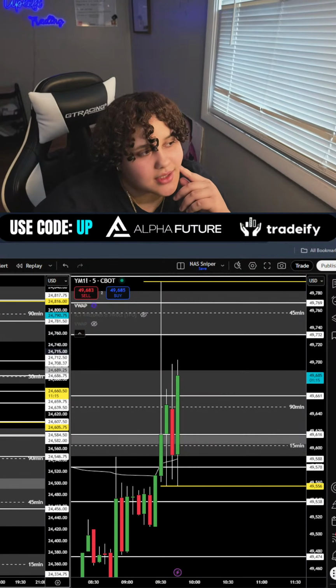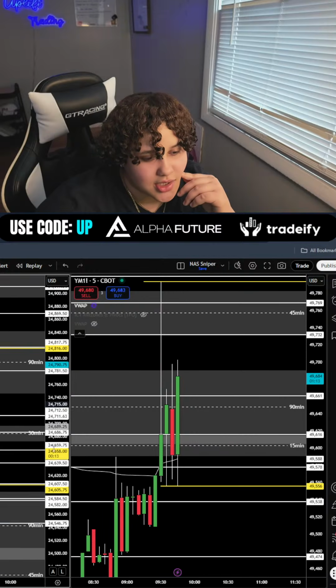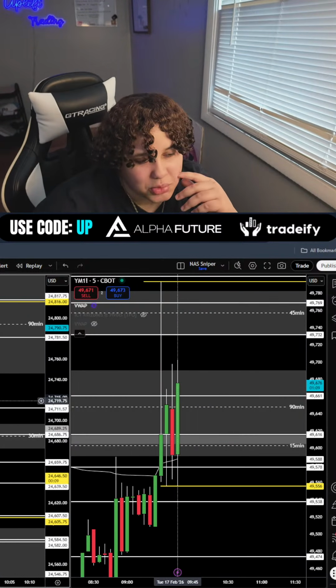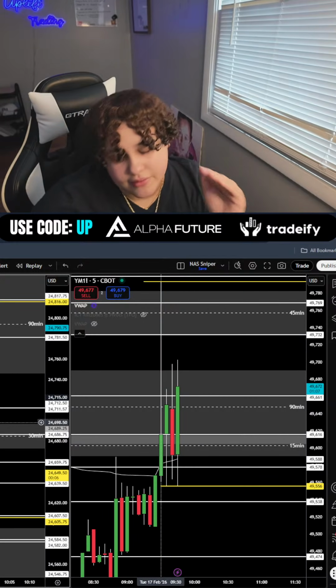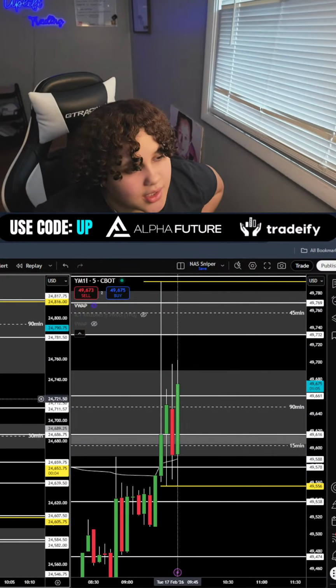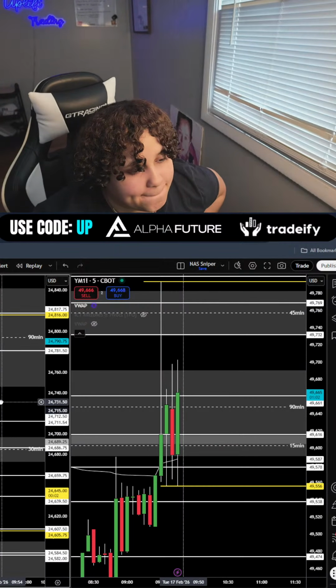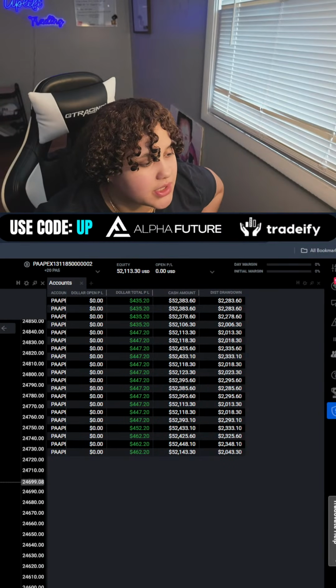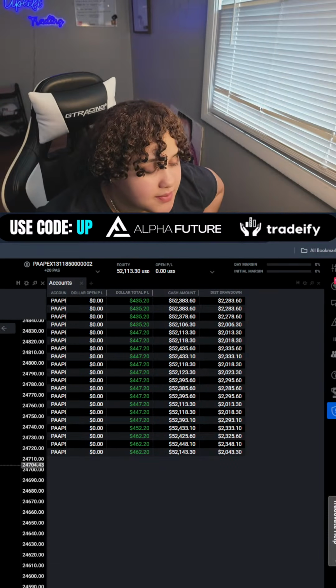Even with this winning trade that I took here, this long, usually I wouldn't have taken it because VWAP was there. I would not have taken this long if I knew VWAP was there. But I took it and it worked out well, so that's good.